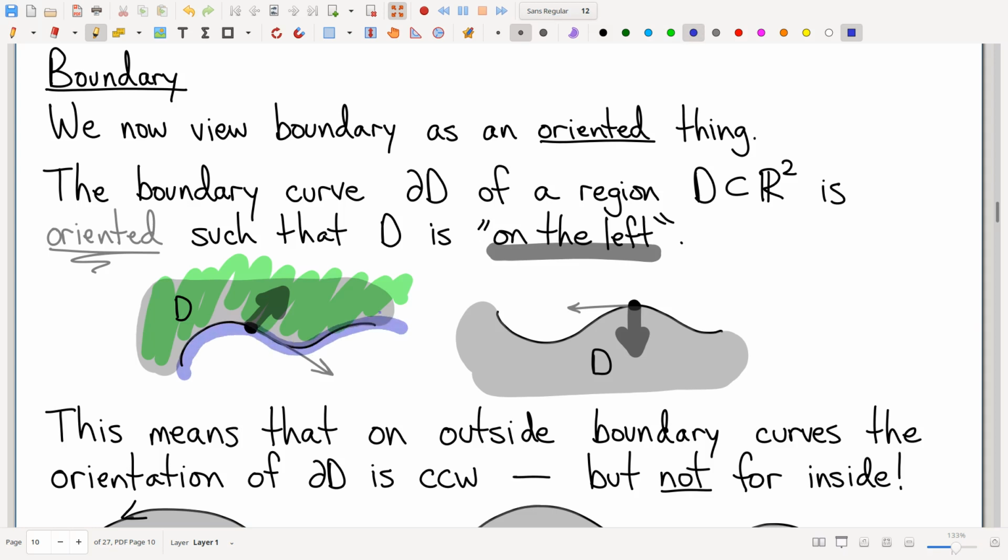Well, this curve, there are two different directions that you can go along this curve. I could go that way, right, or I could go this way. So, I need to tell you, what am I going to call the orientation of this curve? Which direction does this curve point?